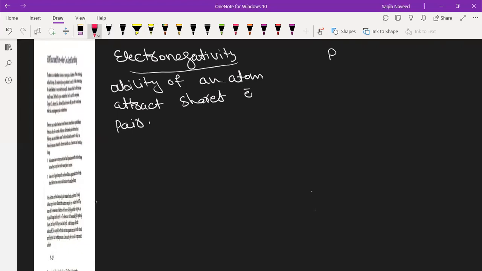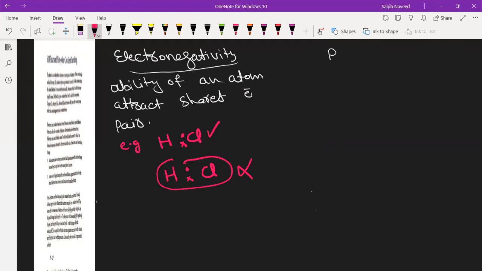For example, if you have a bond in between HCl, so it has the shared electron pair. What was expected? Expectation was that shared electron pair will be in the center between H and Cl. But in reality, it does not happen.